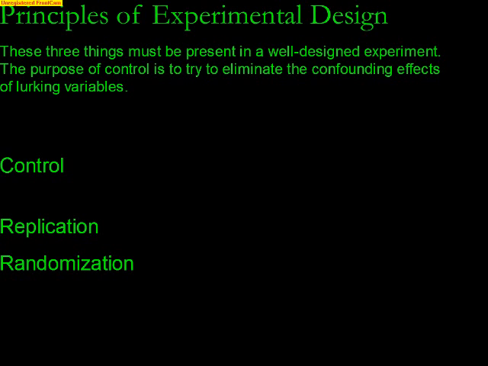And the purpose of control is to handle the confounding effects of lurking variables. So a lurking variable is something that you didn't think to take into consideration. And confounding is anything that can interfere with your ability to look at the information. So let's look at this in a little more detail.